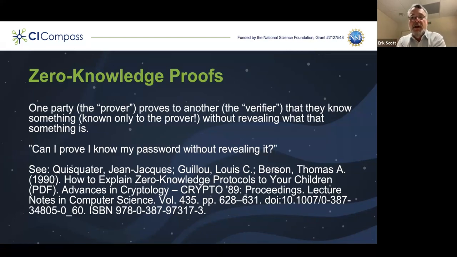It's important that they not know, but so that verifier can somehow tell if the prover actually really does have that secret information, right? So things like WordPress could ask, can you prove to me that you know your password without revealing your password to me? And there are ways to do it.